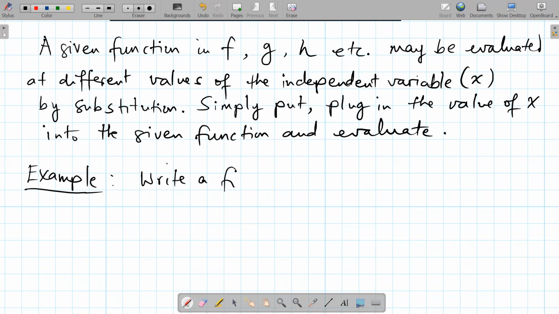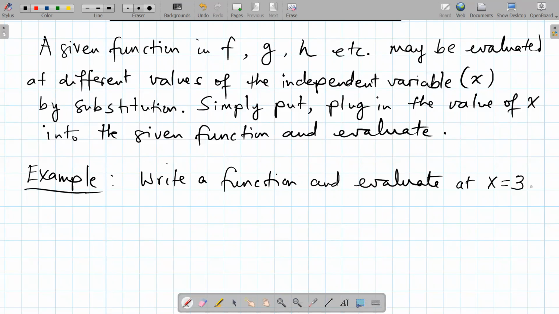Write a function and evaluate at x equal 3. Okay, so write a function and evaluate at x equal 3.